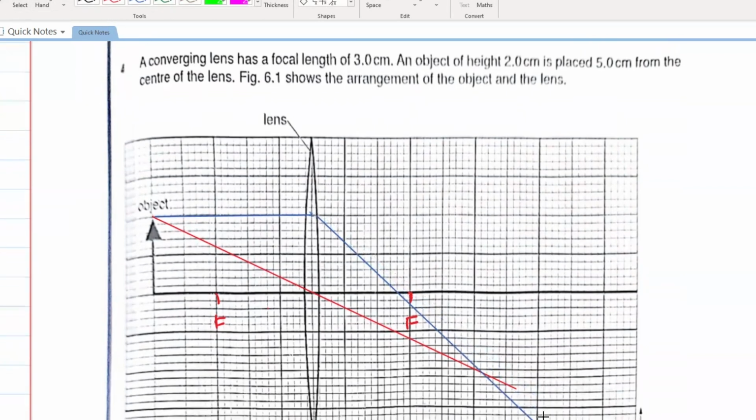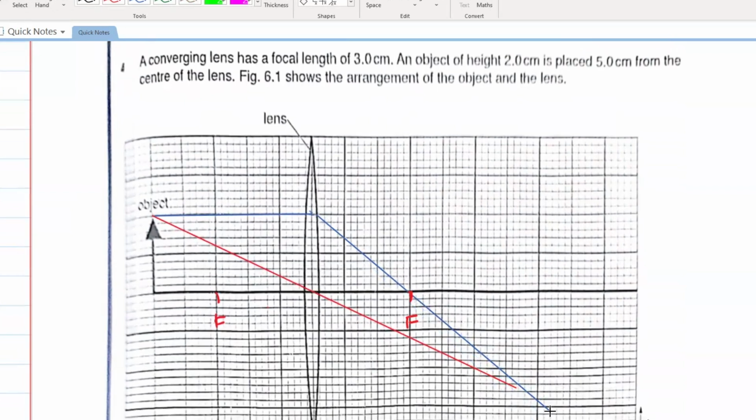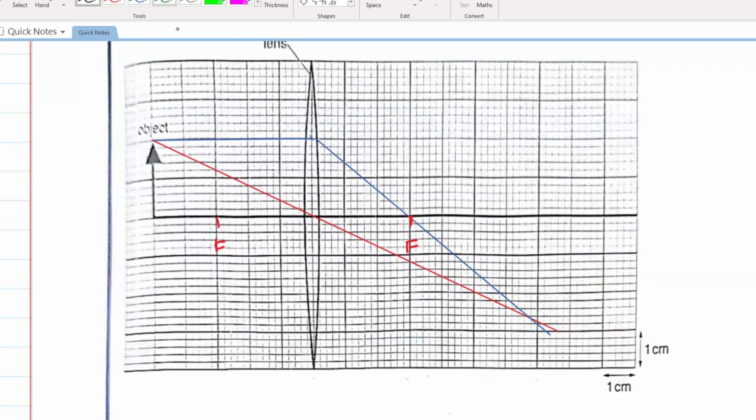Let's tilt this so that it passes through the focal point. Let's extend this red line as well, making sure that we don't disturb its direction. Yeah, this comes out to be your image. Perfectly aligned. This is your image point.